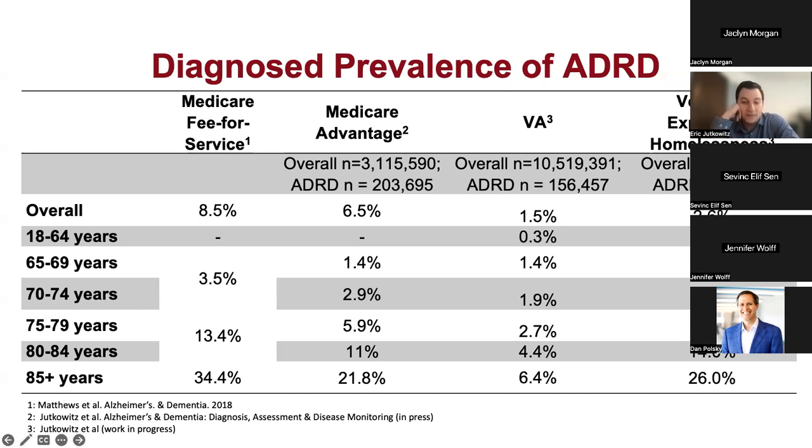of the VA population. And so as we start thinking about these different populations of people with dementia, your veteran who has experienced homelessness or is at risk of experiencing homelessness is going to have a very different family structure and ability to receive caregiving support than probably your average Medicare fee-for-service beneficiary or your average Medicare Advantage beneficiary.